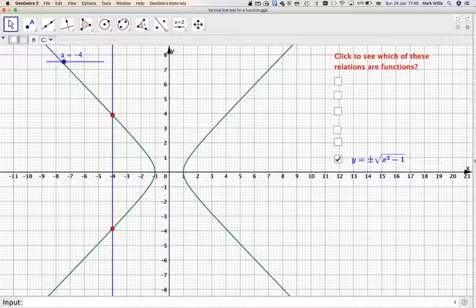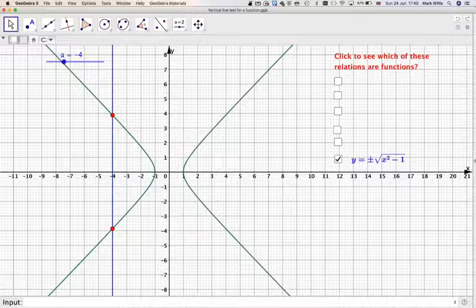It doesn't quite map onto 4, but it maps onto nearly 4. So -4 maps to here and here, and also 4 will map onto the same values here and here, and therefore this is called a many-to-many relationship.